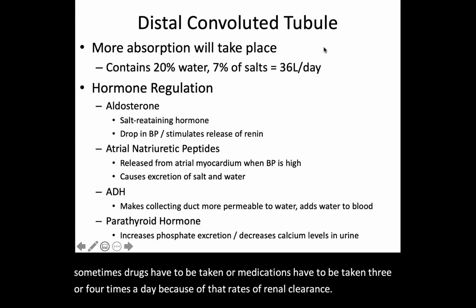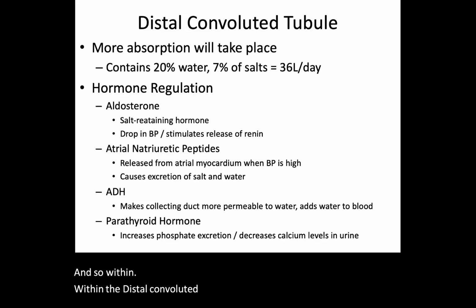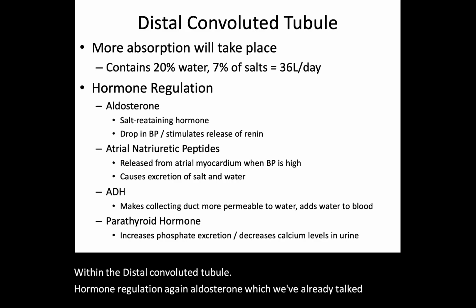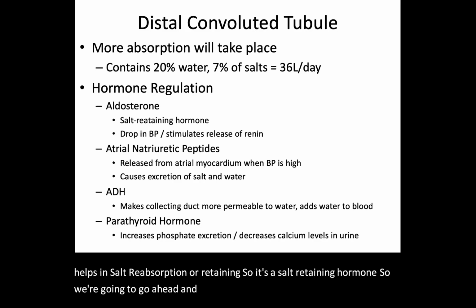And so within the distal convoluted tubule, hormone regulation, again, aldosterone, which we've already talked about, helps in salt reabsorption, or retaining. So it's a salt retaining hormone, so we're going to keep that salt.